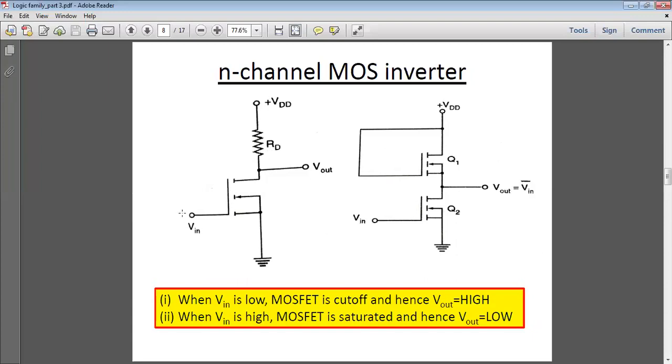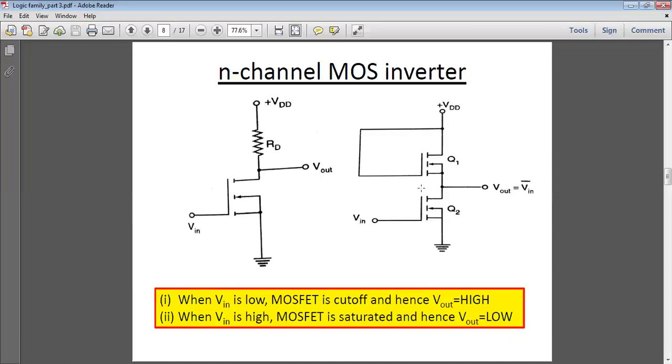So when input is 0, output will be high. When input is high, this N-channel MOSFET goes into saturation, so the voltage at that point will be ground potential, 0. So when input is 0, output is high. When input is high, output is low.